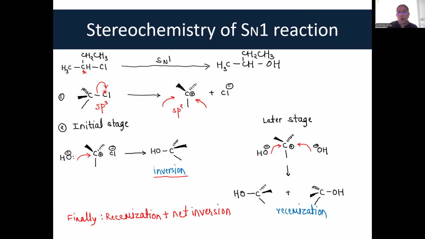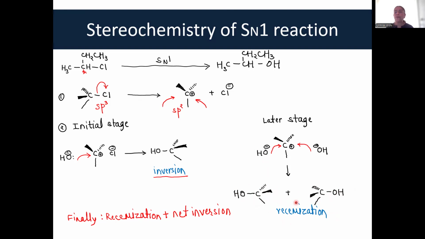So, that means this is a product where configuration is retained. This is opposite to this. Look at the starting material, Cl is on your right. Look at the product, OH is on your left. So, it is product with inverted configuration. And if this is formed in equal amounts, that means racemization of the product has occurred.